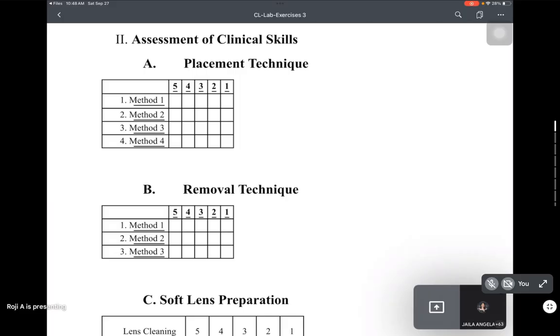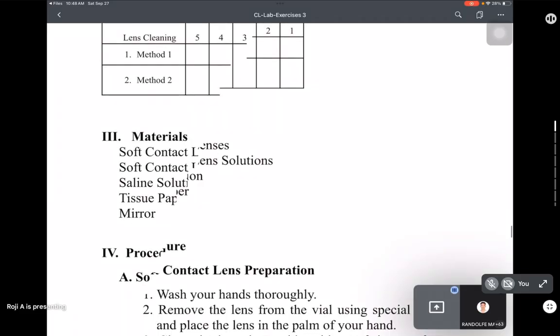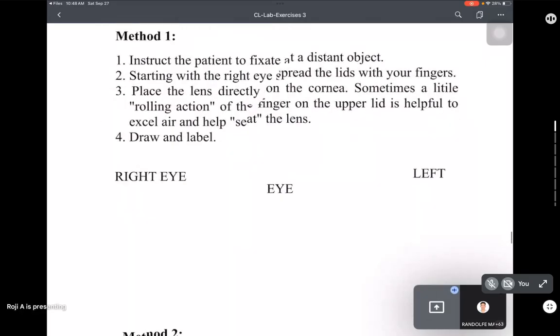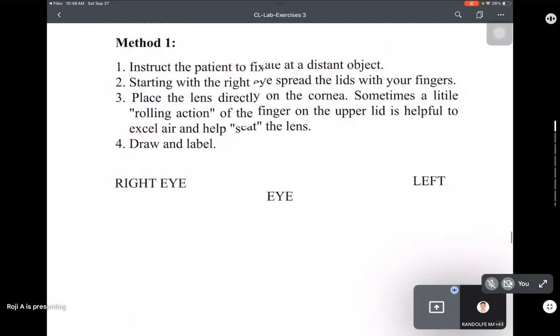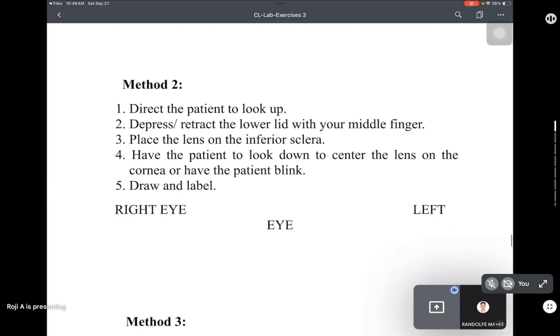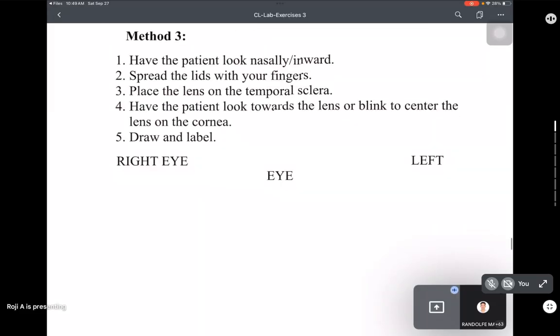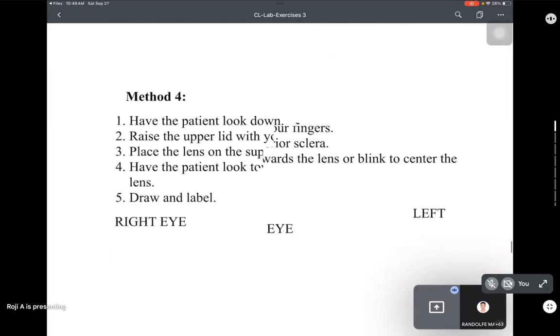Copy? Yes, sir. Okay. So this is to be documented. You have your method one by placing the contact lens onto the cornea straight. And then this is by looking up through the sclera. This is looking nasally or inward through the sclera again.